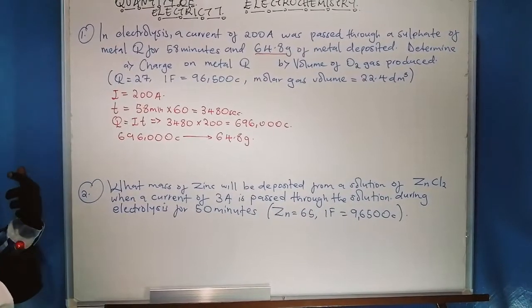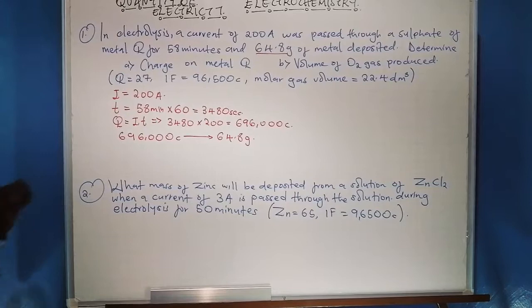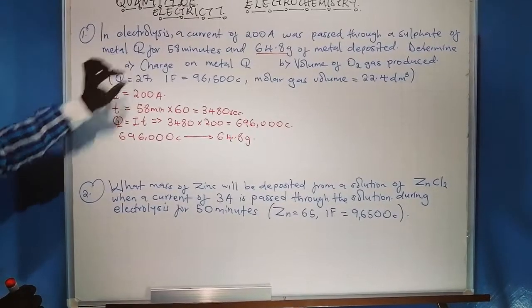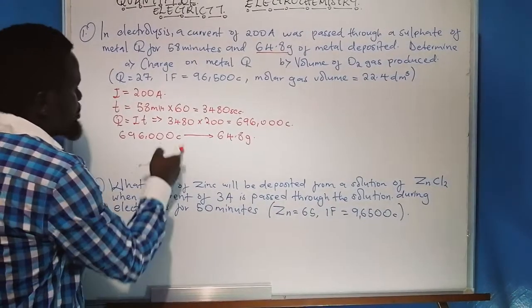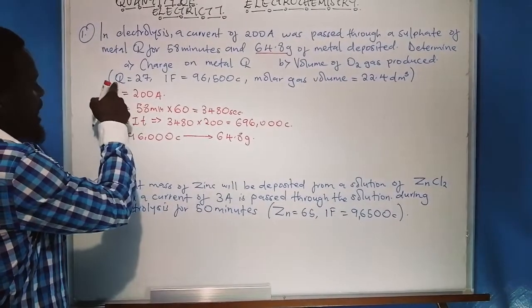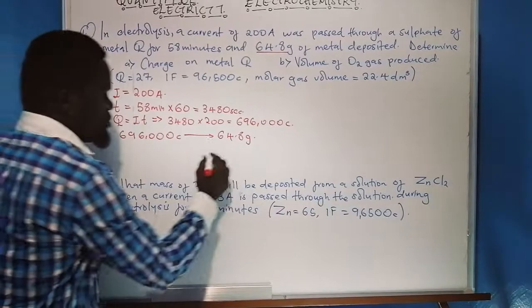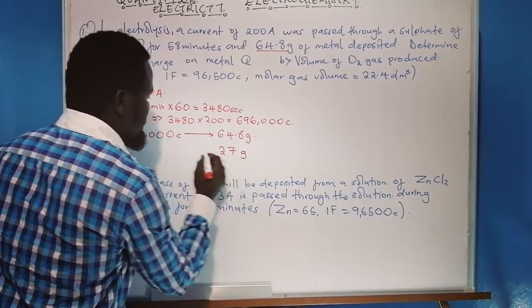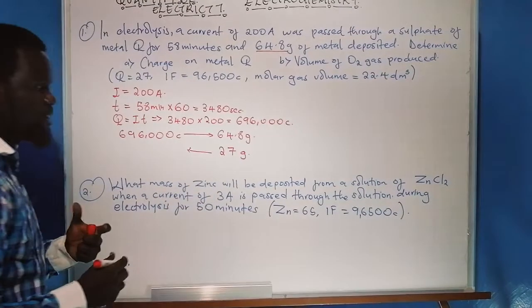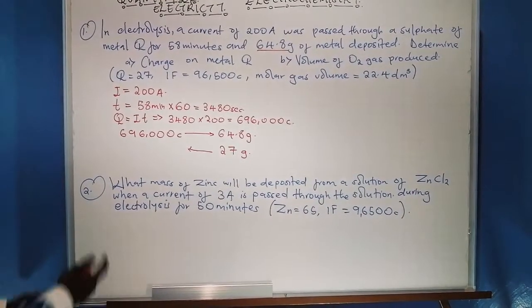It means that 1 mole of Q measures 27 grams. It therefore means that I can get the quantity of electricity that will require 1 mole of Q. I can say, how about 27 grams? Meaning 1 mole of Q will require what quantity of electricity?